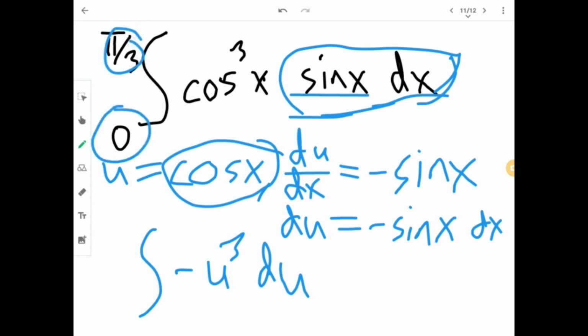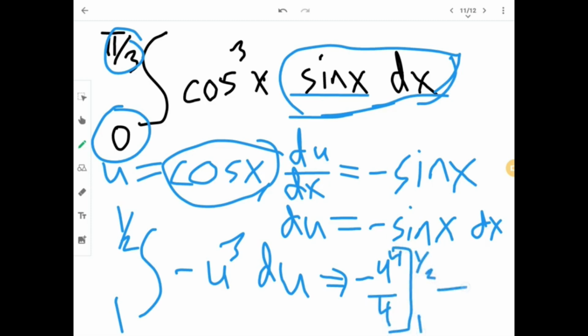Cosine pi over 3 is cosine 60, so half. Then cosine 0 is 1. So this becomes minus u to the power 4 over 4, from half to 1. Then you put it in the calculator and you should get a value. It will be a fraction of order 16, so something over 16.